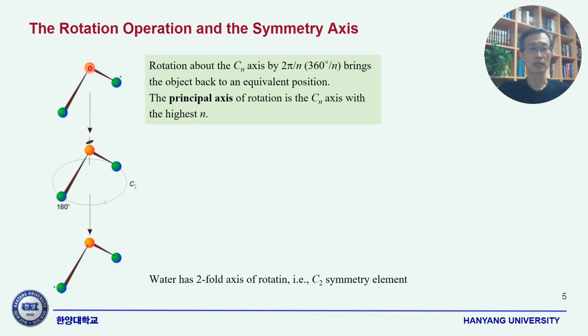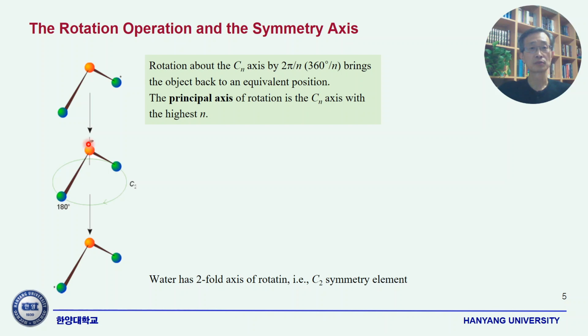So one oxygen, the green hydrogen here, green hydrogen. So the C2 axis bisects the HOH angle. This is the C2 axis, and if you do one C2 operation, this dot goes around.